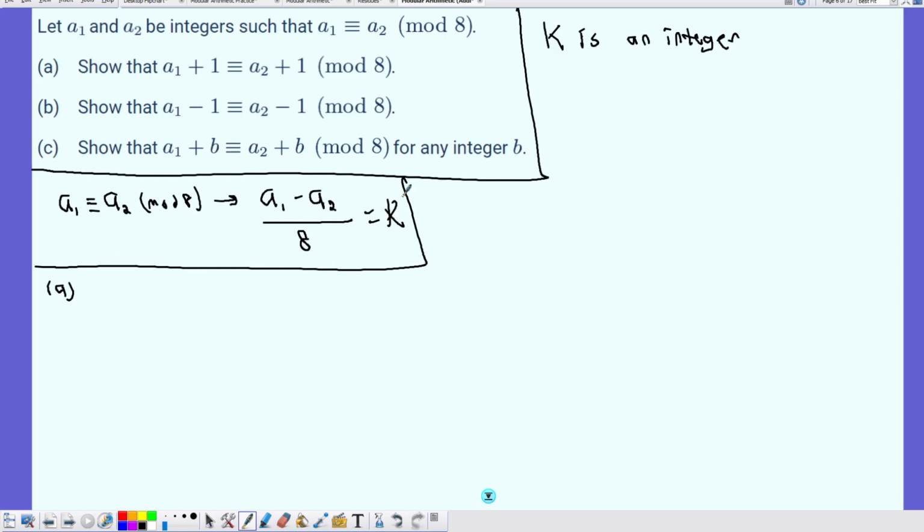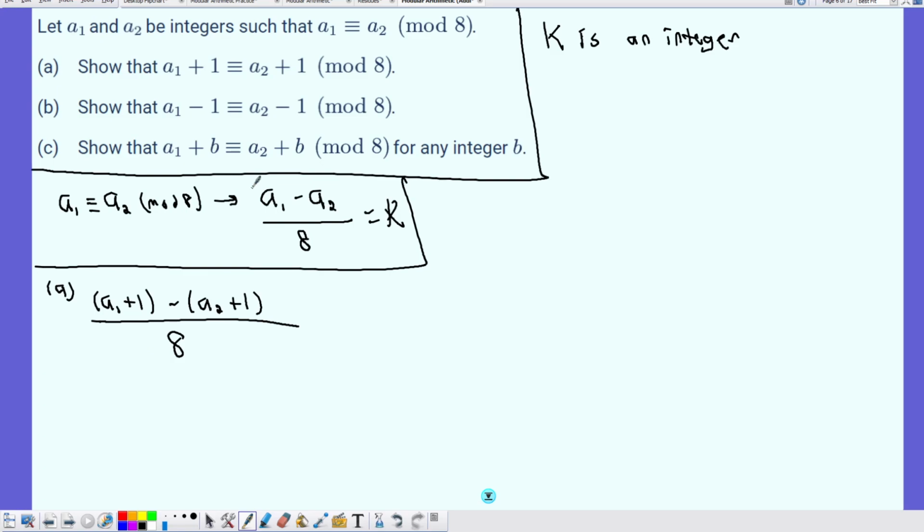So, part A. We want to show that if we add 1, the equivalence will be the same. Let's say I have the following written out: a1 plus 1 minus a2 plus 1, over 8.